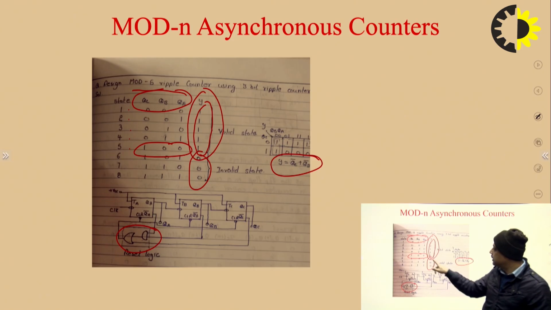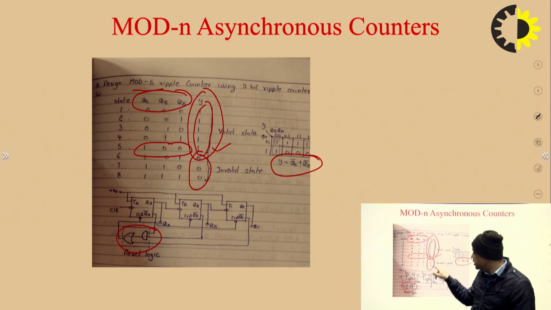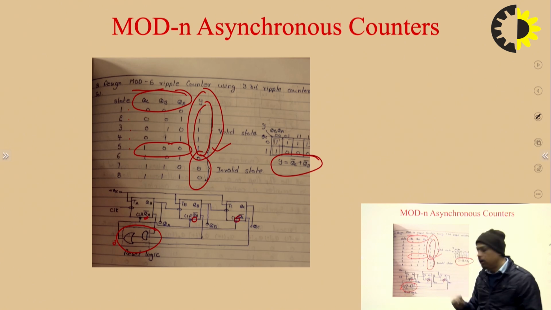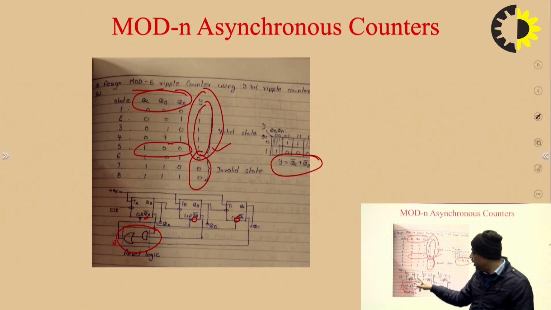Now as this state is reached, this output becomes 0, and this 0 goes to the clear input of the different flip flops, and as this 0 arrives, all the flip flops are reset to their initial condition 000.